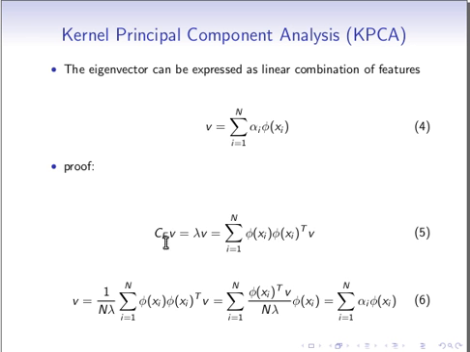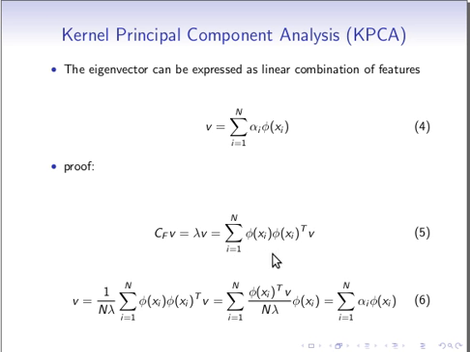So in the beginning, we know C times v is equal to lambda times v, and we can rewrite this C based on equation 3.